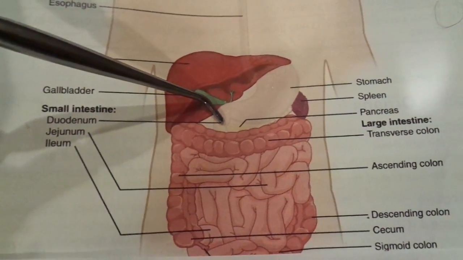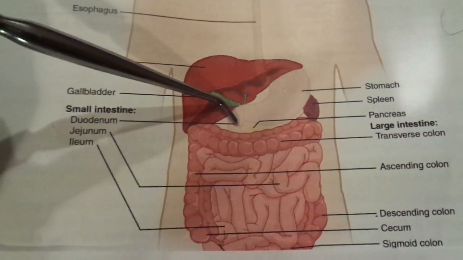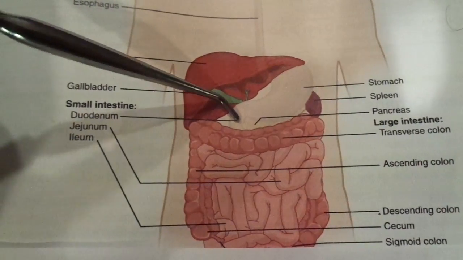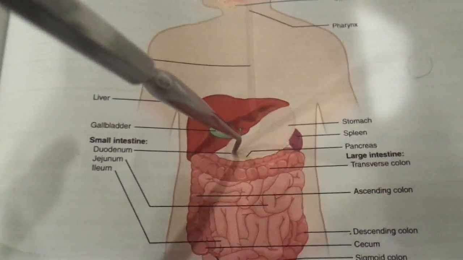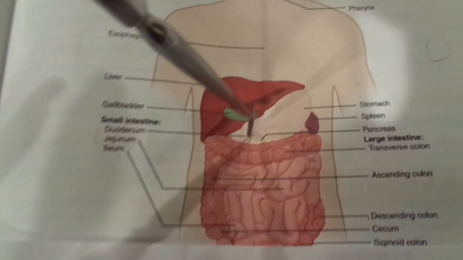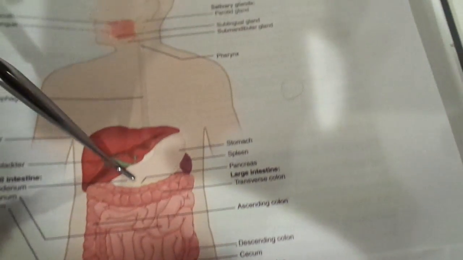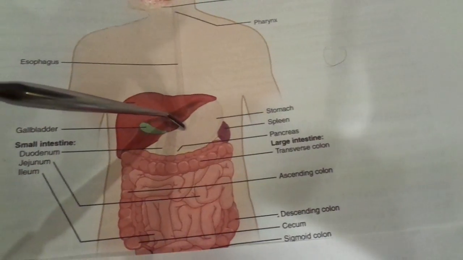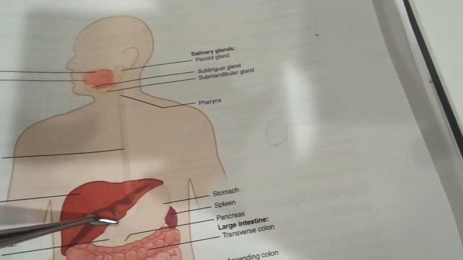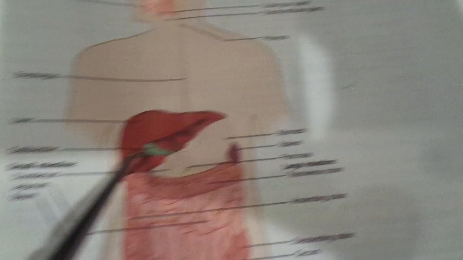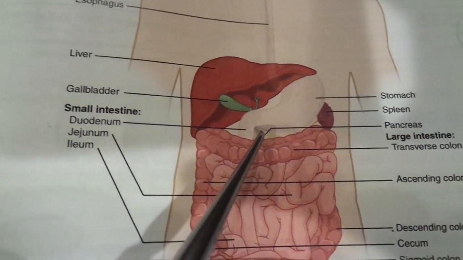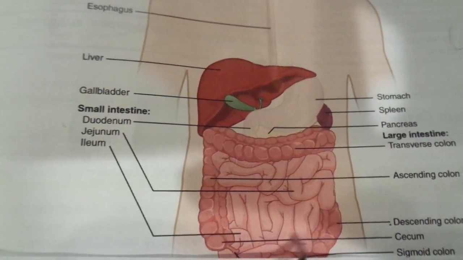The stomach also absorbs fat-soluble substances, such as alcohol and aspirin. Then from the stomach, food is propelled into the small intestine from the duodenum, and this is the small intestine right here.